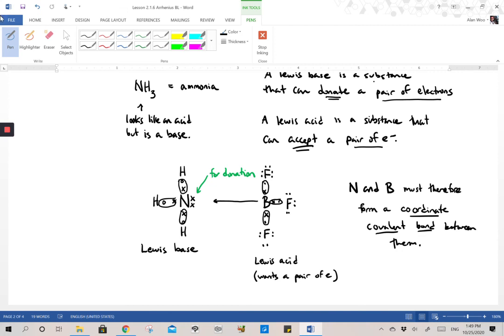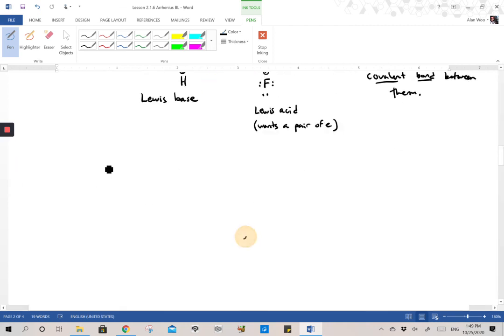So to summarize, Arrhenius acids and bases: the acids produce H+, and the bases produce OH negatives.